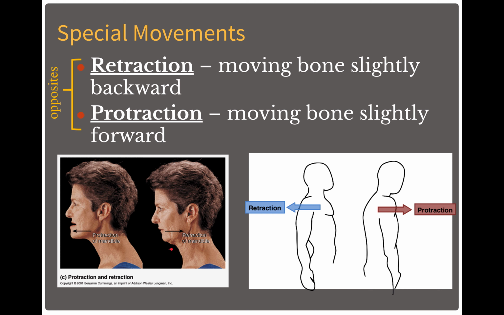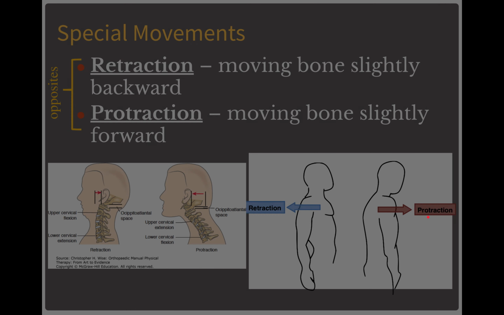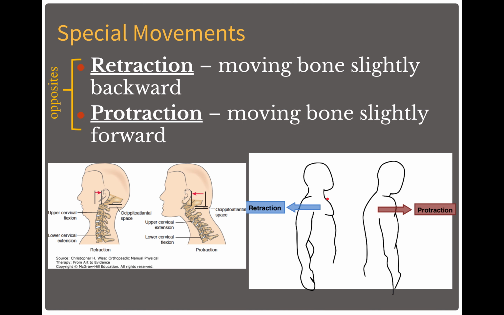So this is protraction and retraction of your jaw or the mandible. Well, this one is protraction and retraction of your shoulder bones. Okay? So in this case, you're bending your shoulders back versus you're bending your shoulders forward. So it doesn't have to be just your jaw. And just to reiterate that whole thing with special movements, they tend to be referencing particular parts of your body, but they still involve those ordinary, quote, body movements that we talked about over here.